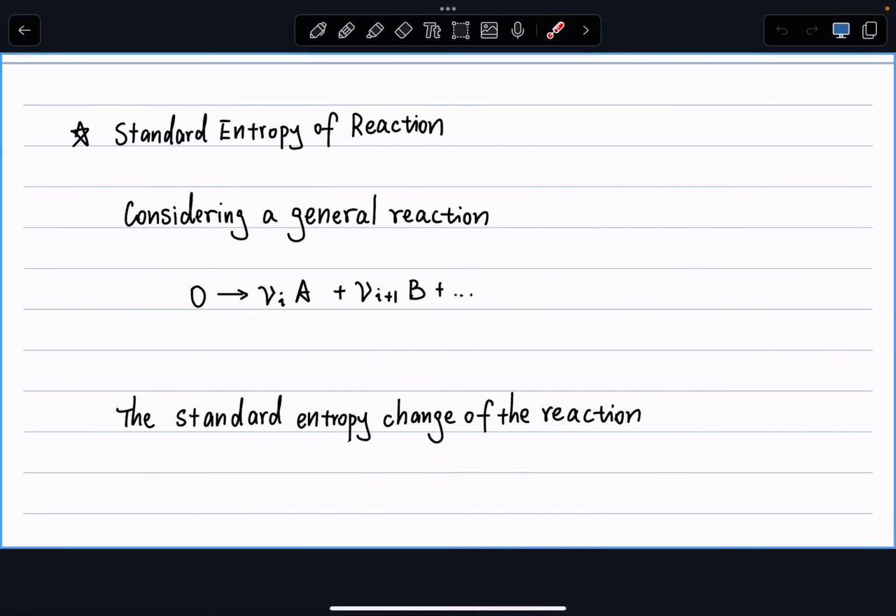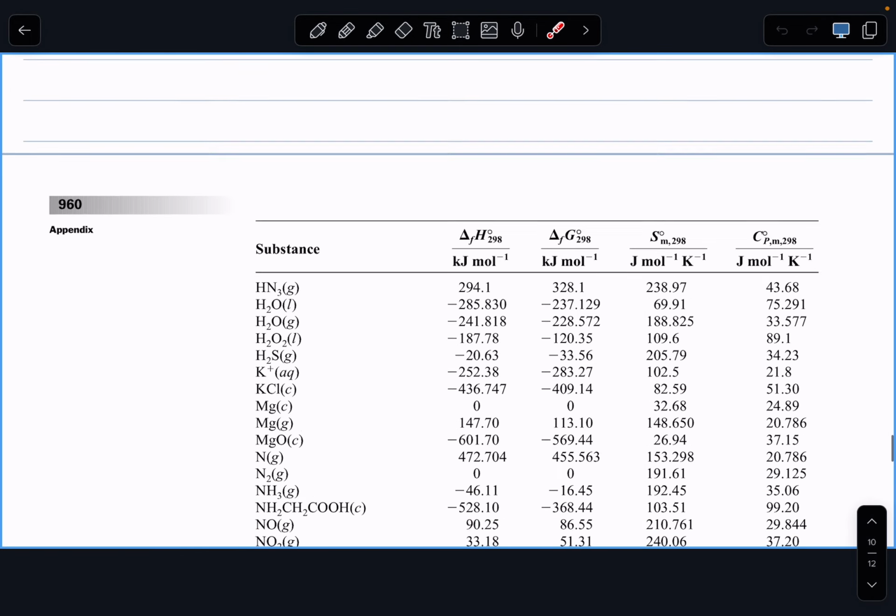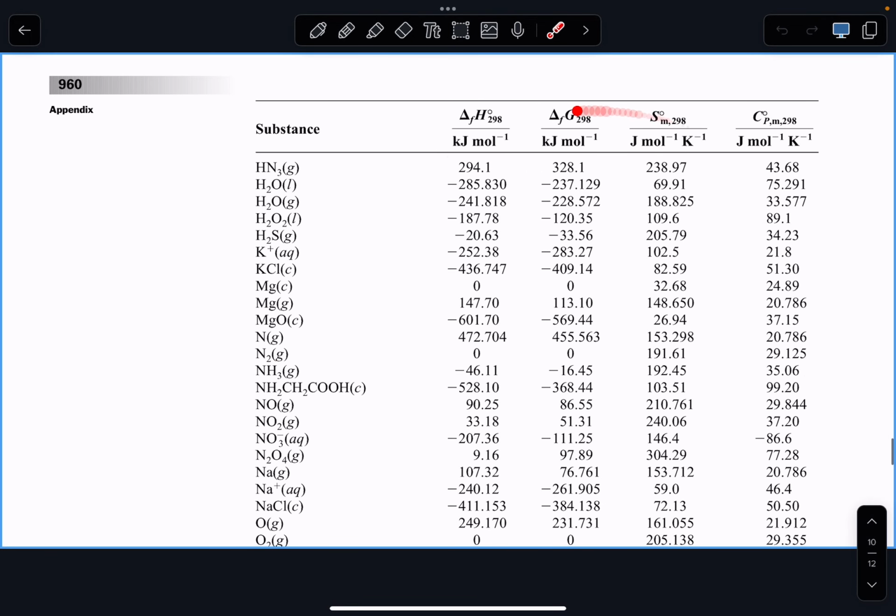So back to where we left off in our lecture. These are the last bit of lecture of chapter 5. In chapter 5, our key goal is, first of all, to find out what the meanings of each term in our thermodynamic table are. We started from the standard state, like what that little knot means.